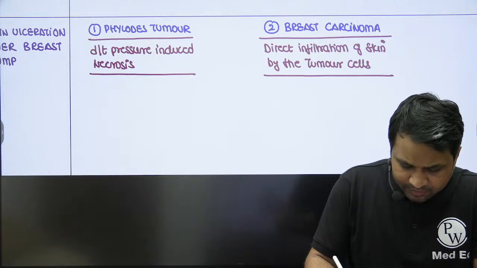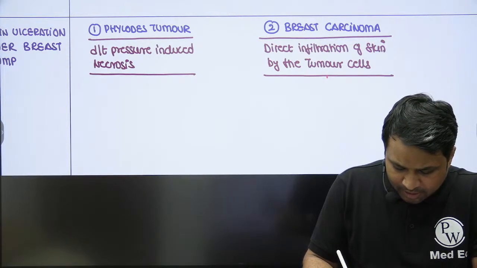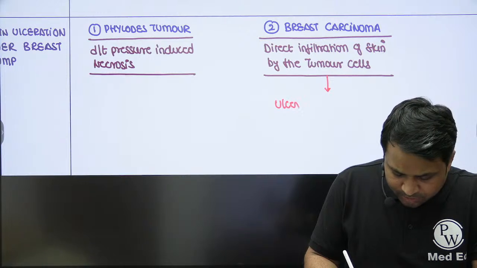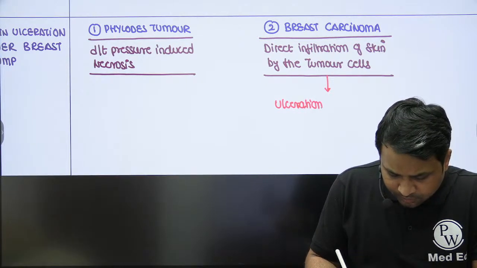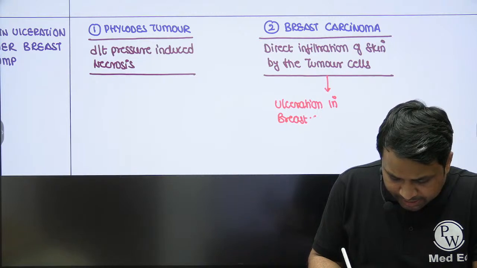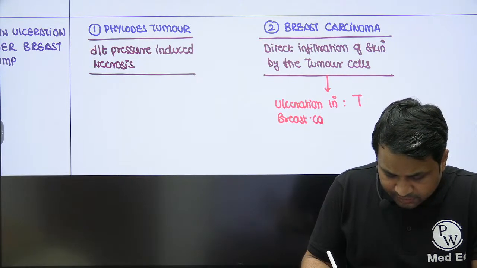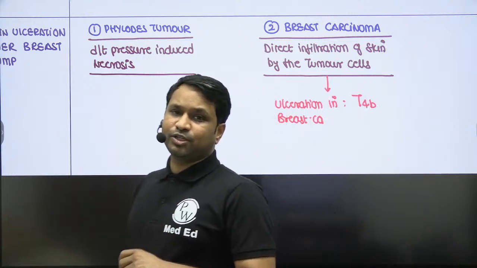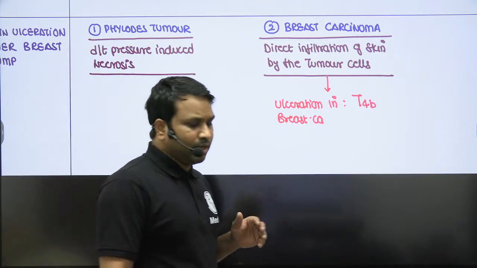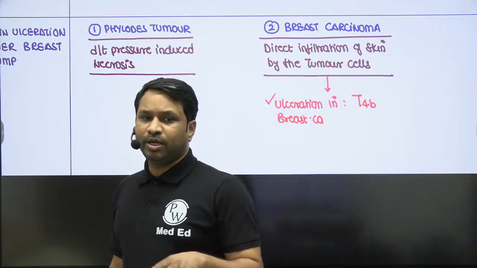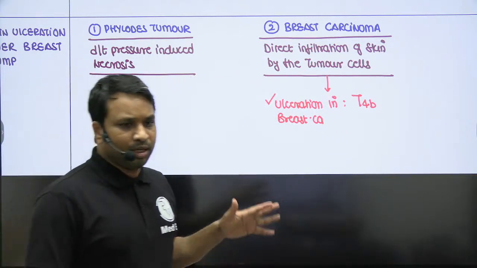And that is why whenever you have a patient with breast cancer and there is ulceration present, ulceration in breast cancer directly classifies it to be a T4B disease, as simple as that.